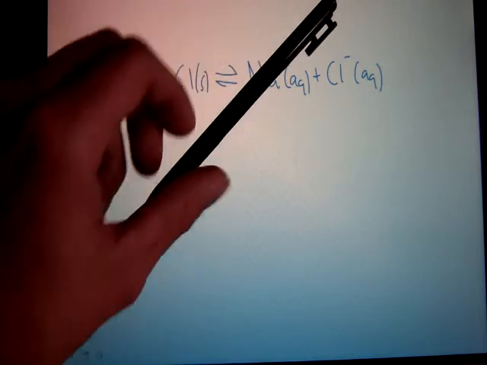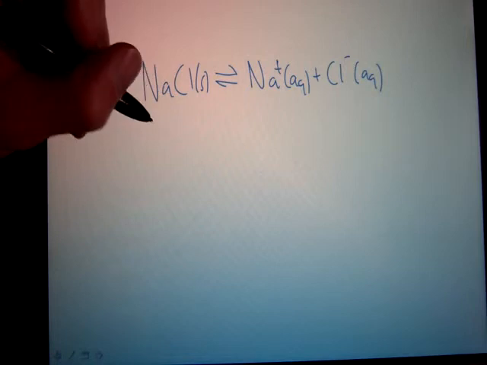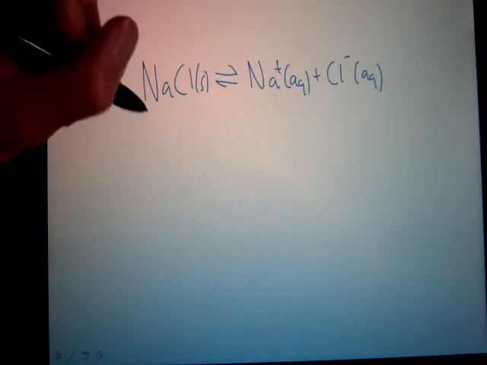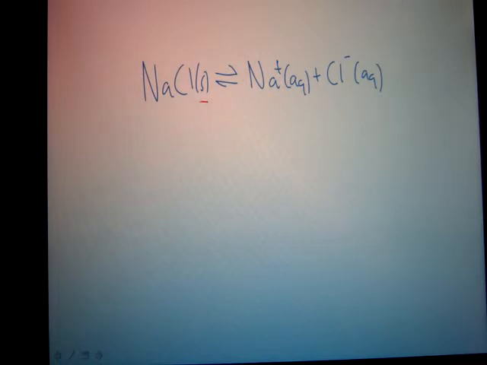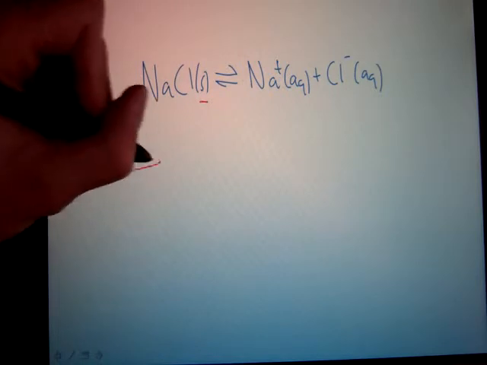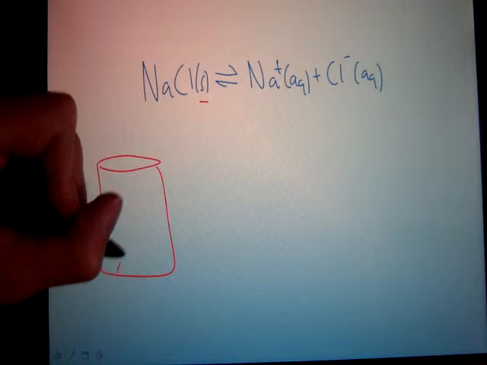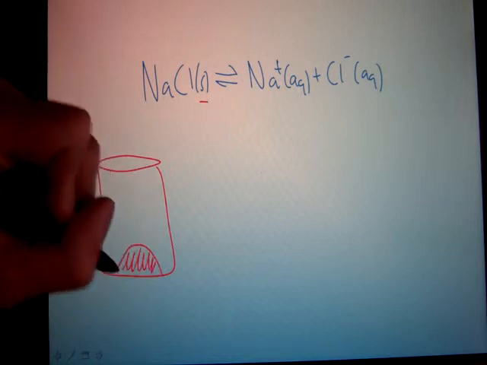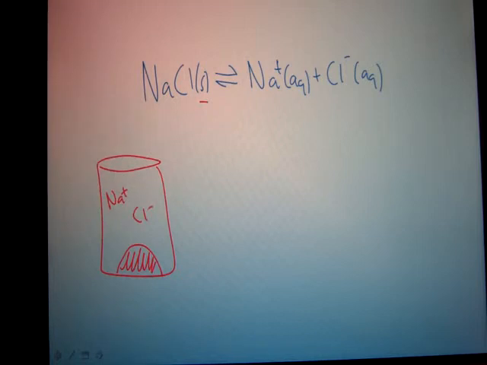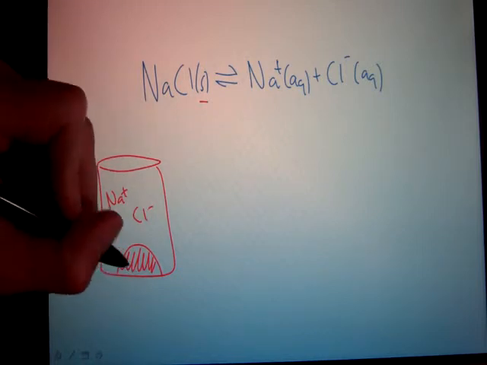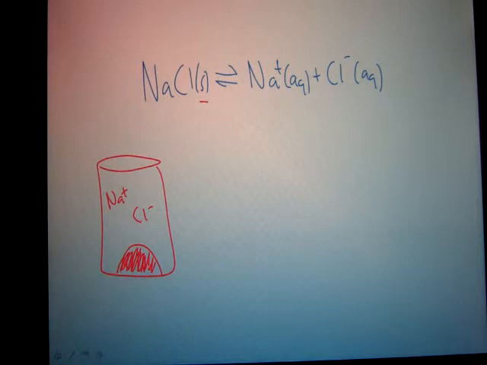Well, that's not true. Remember, if I add a solid substance to an already saturated system, well, you can picture it as: we've got our solid sodium chloride down here, we have sodium ions, we have chloride ions. If it's saturated, this solid ball of salt basically remains constant.